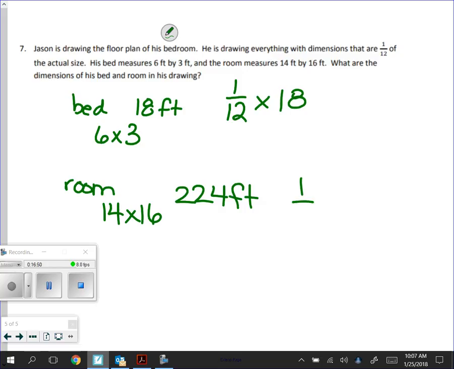So it's 1/12 of 224. So I'm hoping that if you didn't do this, you're writing it down, or you're just checking to make sure that you did it.